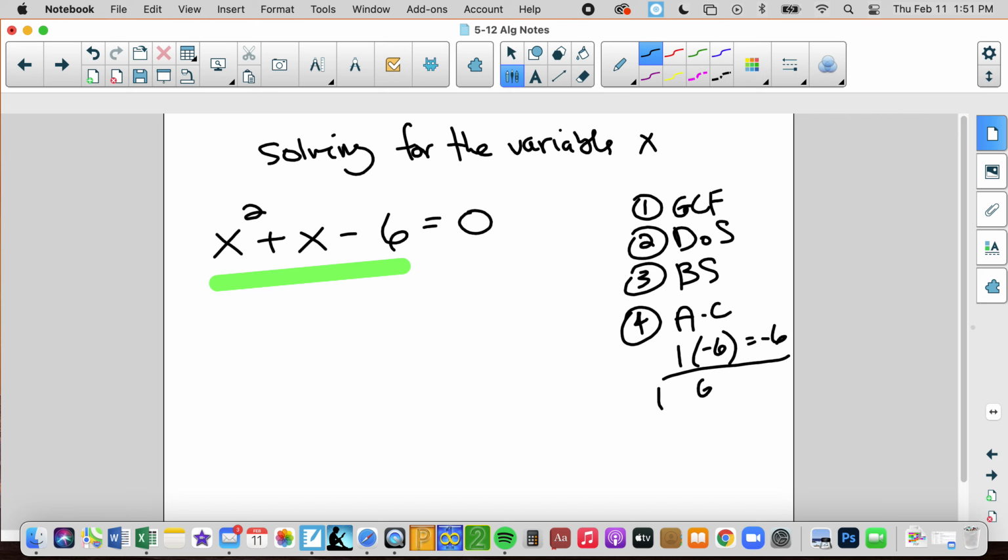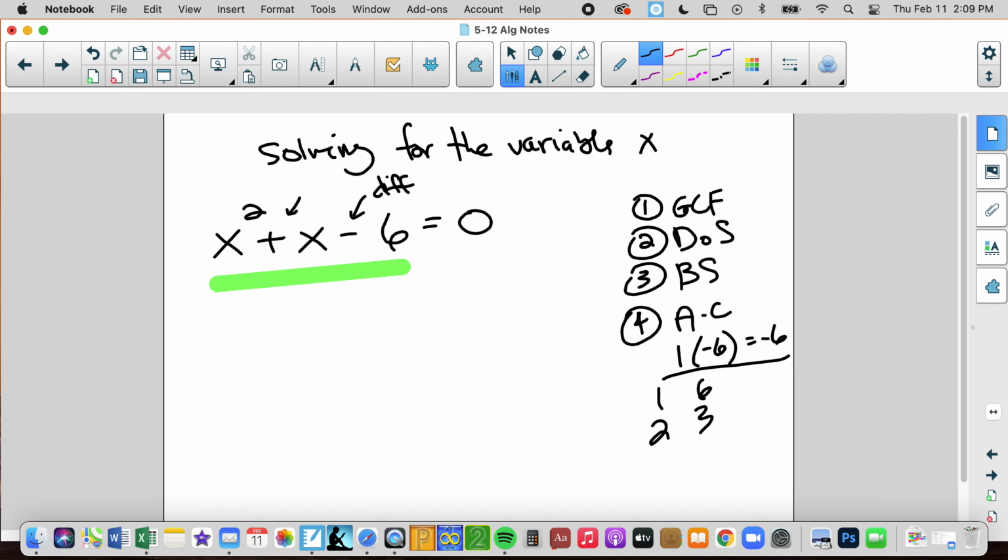Factors of 6 are 1 and 6. So factors of negative 6, well, where's my pen? Sorry about that. Are 1 and 6, 2 and 3. We know that the signs are different. When that is a negative, we know the signs are different.